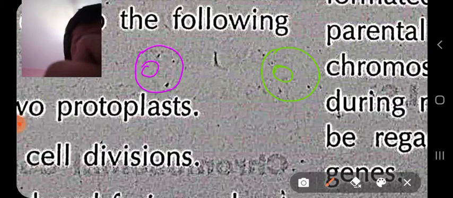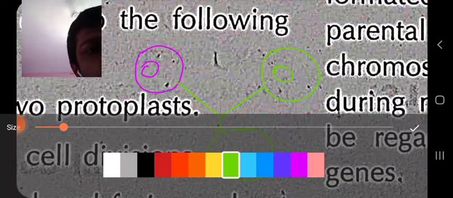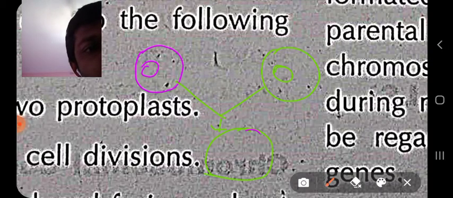Now when they are fused to form the hybrid protoplast, during successive divisions it has been shown that species A and B have been fused.